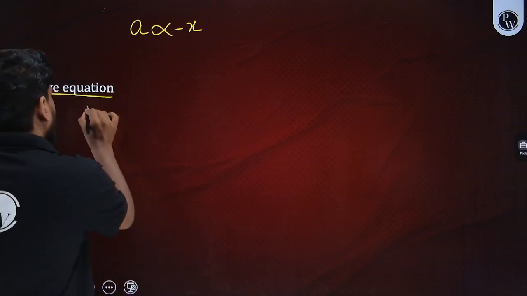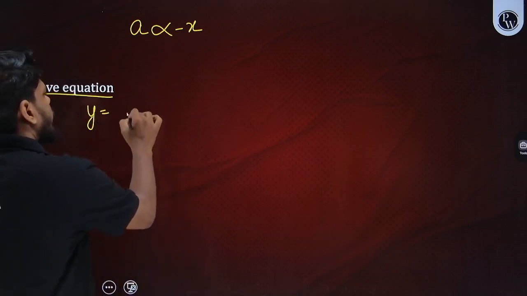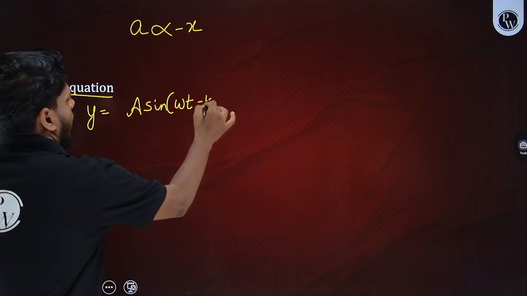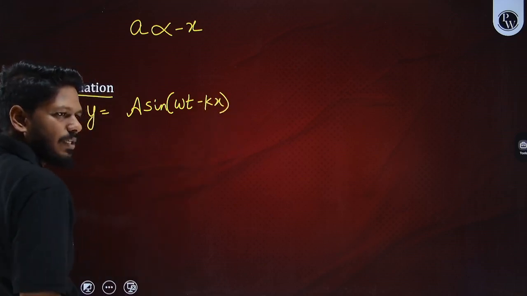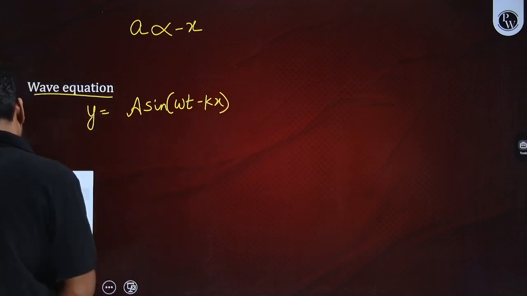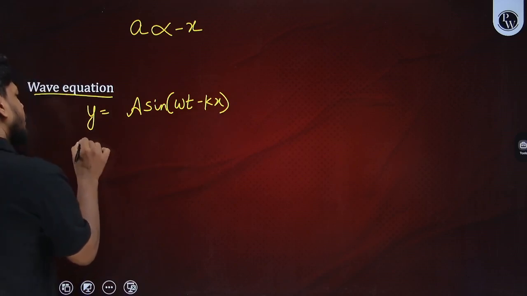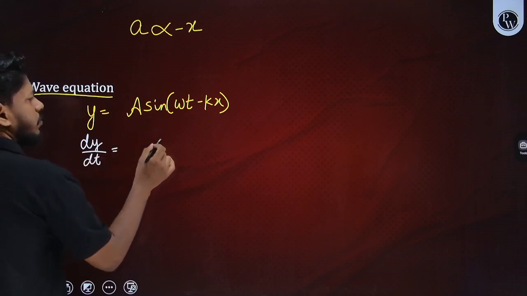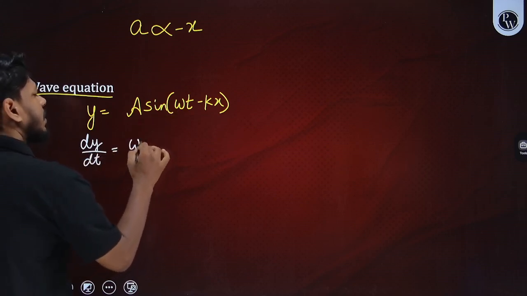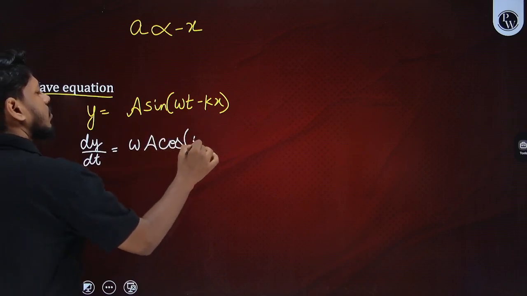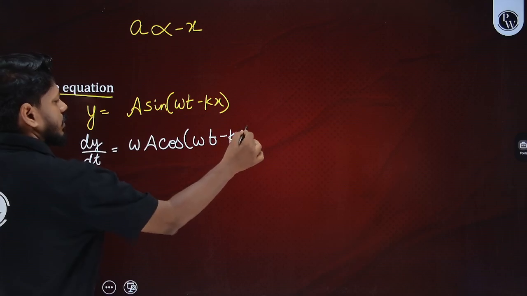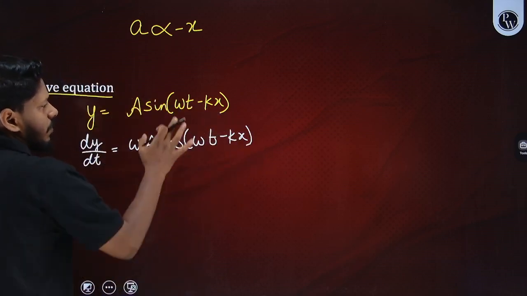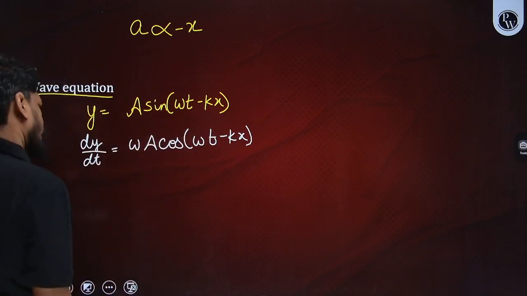Yes, we have. For that, I need to differentiate my wave equation. If this is my equation, and I differentiate it with respect to time, I will get dy by dt, which is going to be A cos of omega t minus kx times omega, since differentiation of sine gives cos and differentiation of omega t gives omega.